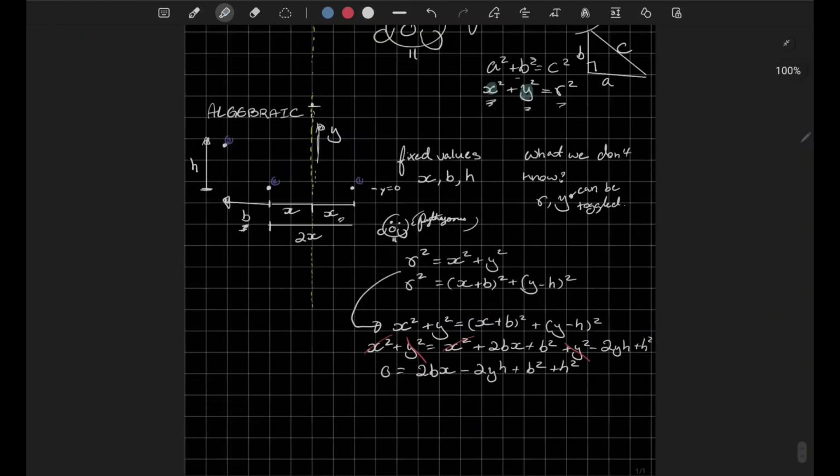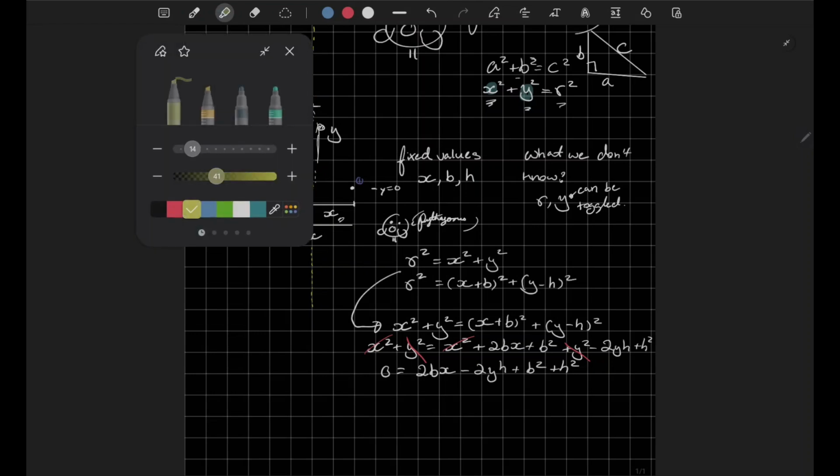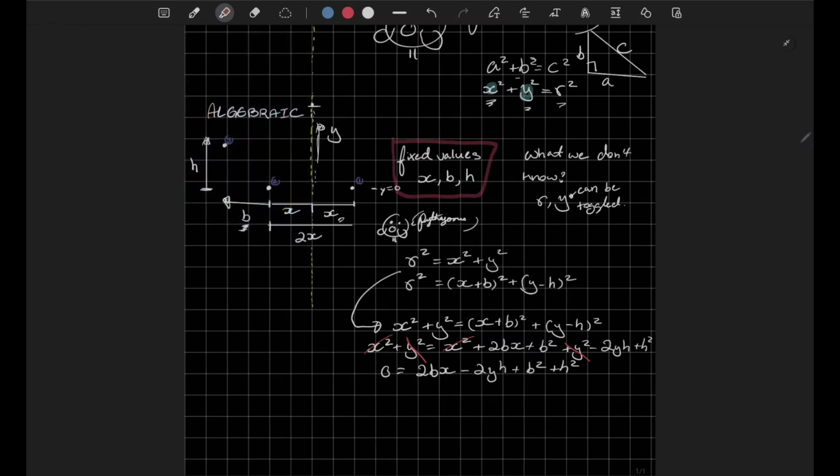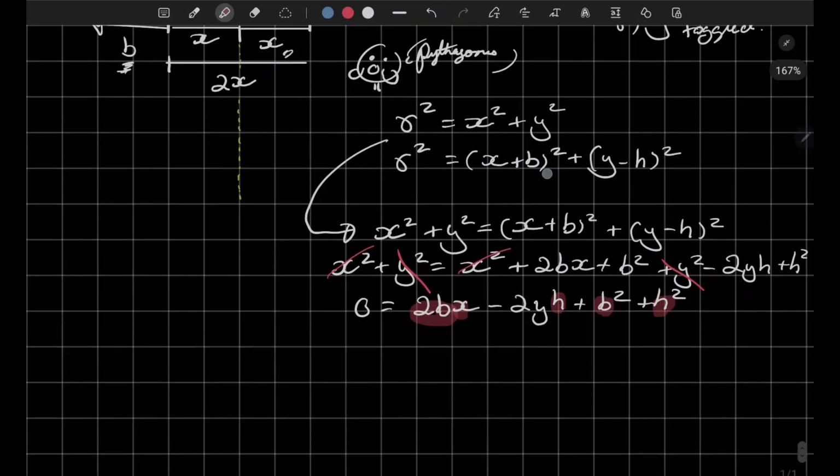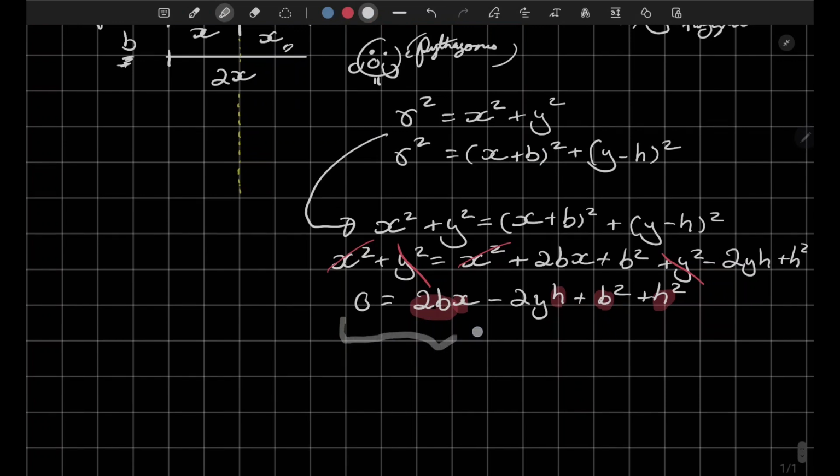From what we said prior, these are our fixed values. So what's fixed? We can't change what h is. We can't change what b is. We can't change what x is. So this whole term is a constant. So what can change? How can we make sure this equality is always true? We always want 2bx minus 2yh plus b squared plus h squared to equal 0. Well, conveniently, we got this negative term right here.